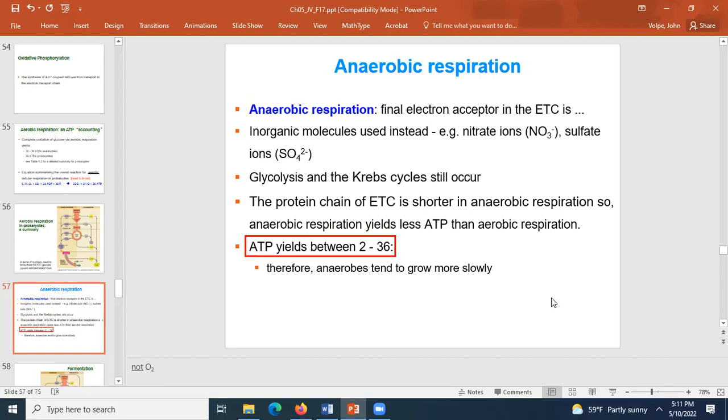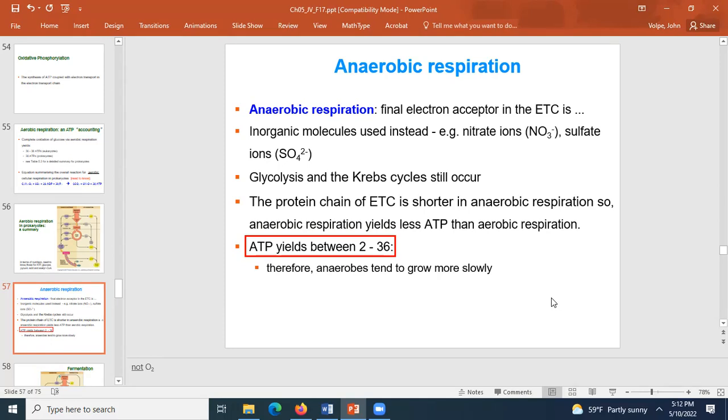It is another molecule other than oxygen. And there are many different final electron acceptors in anaerobic respiration, depending on which form of anaerobic respiration the bacteria is performing. It's almost always an inorganic molecule, such as nitrate and sulfate, but it could be iron.